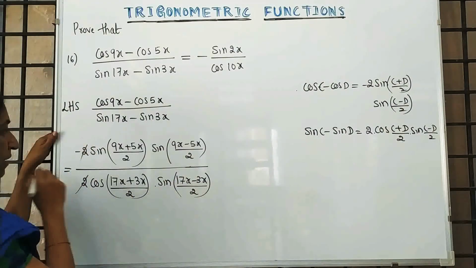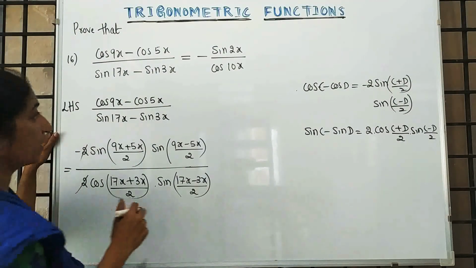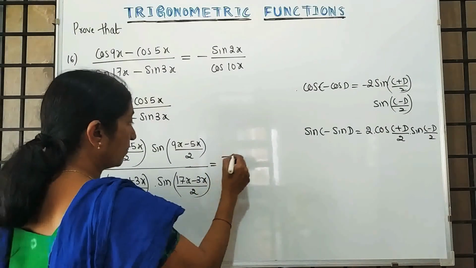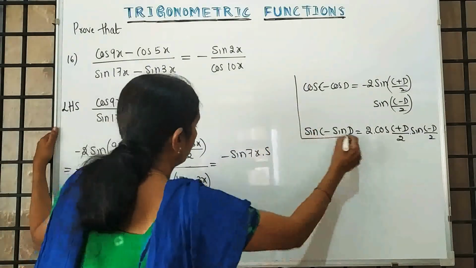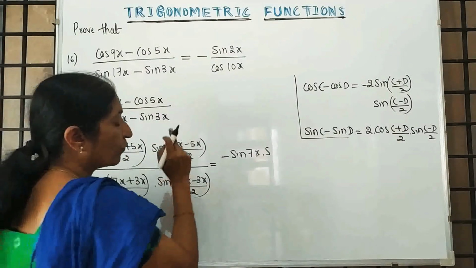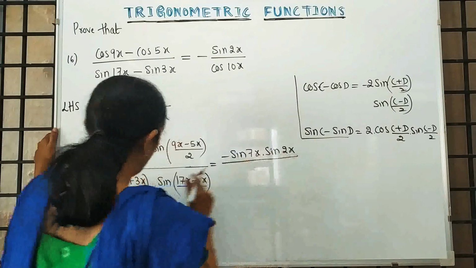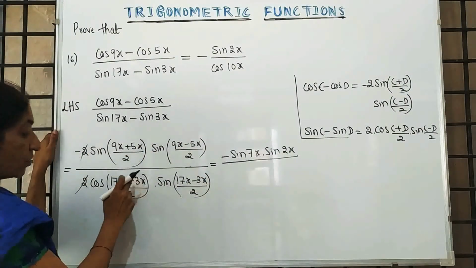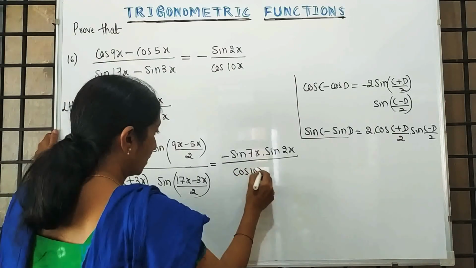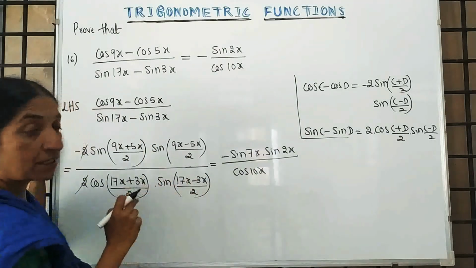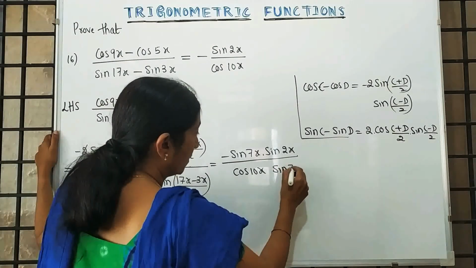These two get cancelled. 9x plus 5x is 14x, 14 divided by 2 is 7. Minus sin 7x into sin, 9 minus 5 is 4, 4 divided by 2 is 2, sin 2x, divided by 17 plus 3 is 20, 20 divided by 2 is 10, cos 10x. 17 minus 3 is 14, 14 divided by 2 is 7, sin 7x.